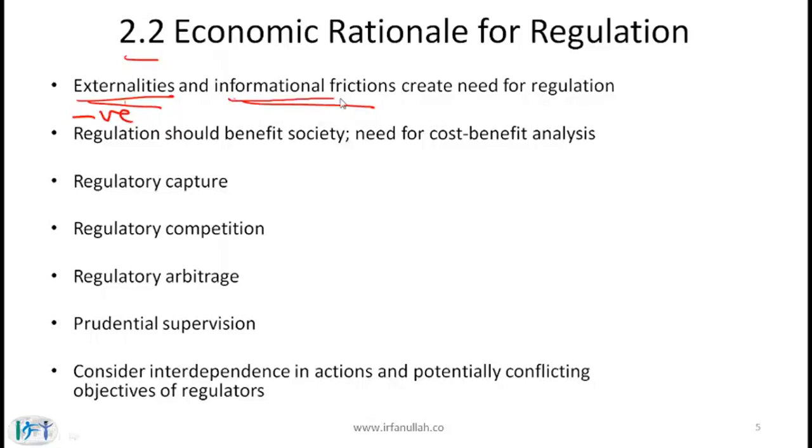The informational friction that I just mentioned creates the need for regulation. Obviously, when regulation is defined and enforced, the regulator should keep in mind that overall the regulation should benefit society, and to determine whether the regulation is truly benefiting society, there is a need for a cost benefit analysis, and this concept is covered later in this reading.